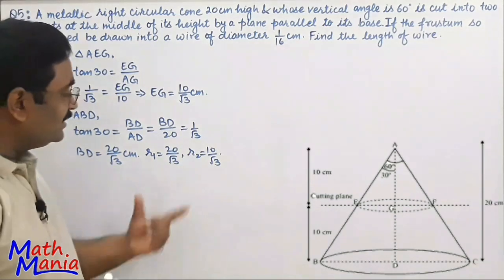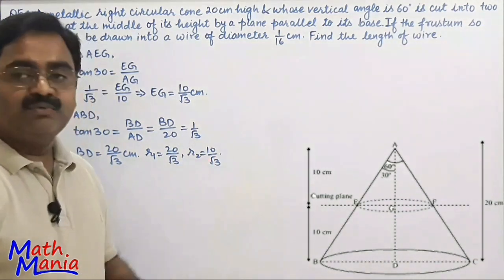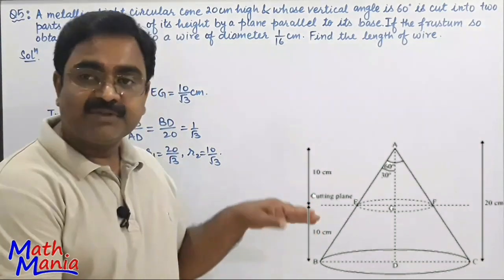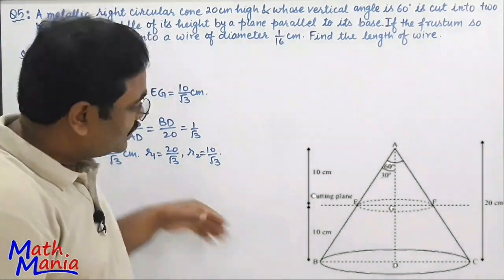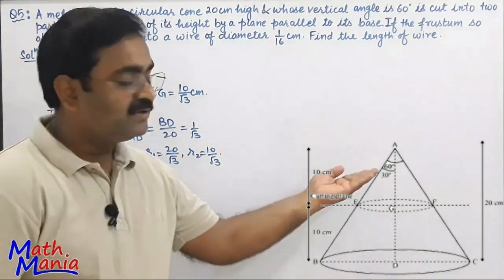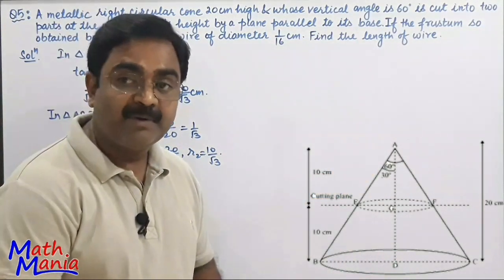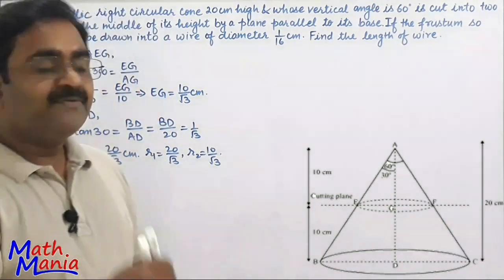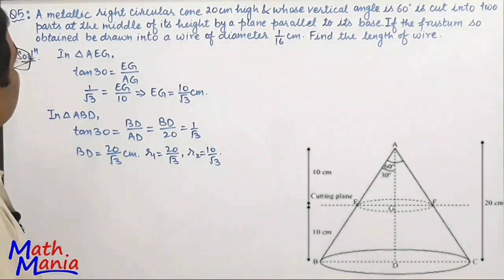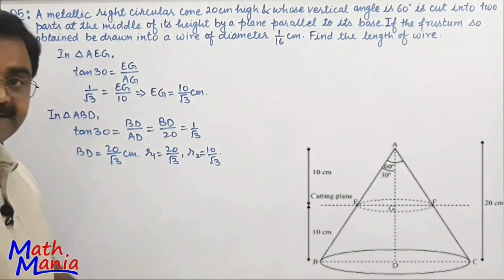After getting R1 and R2 of both ends of this frustum, R1 is the radius of the lower base and R2 is the radius of the upper part of the frustum. So let's find out the volume of this frustum.